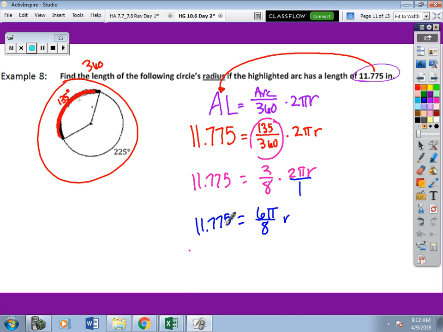Now, normally we would undo multiplication with division, but if you divide by a fraction, it becomes kind of messy. So what can you do instead of dividing by a fraction? Good, we can multiply by the reciprocal.